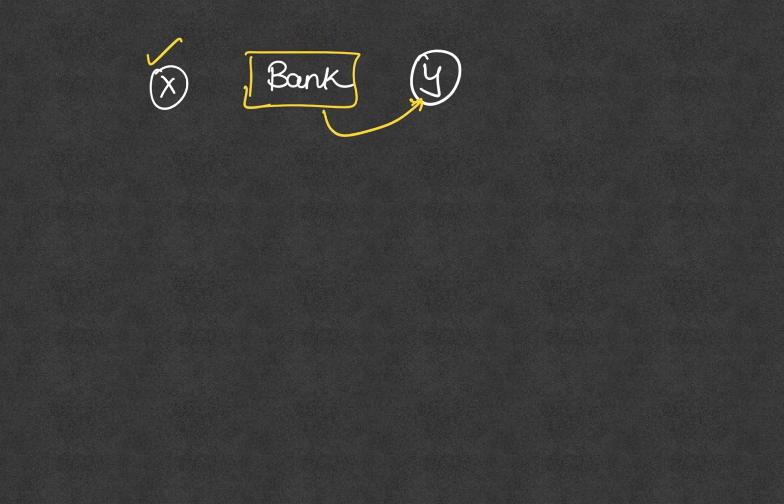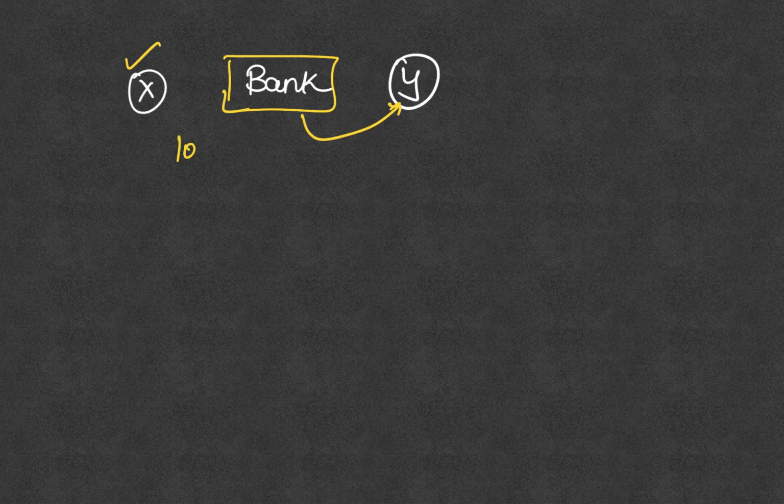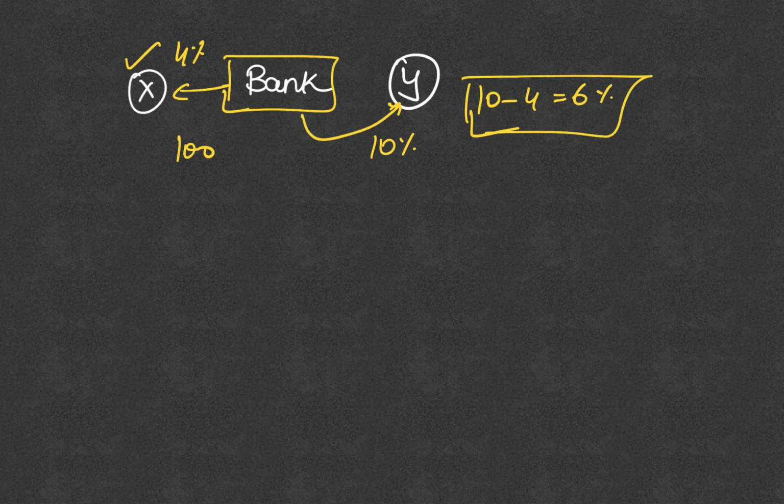Let's say X deposits 100 rupees in a bank, and the bank uses the same 100 rupees and gives it to Y at, let's say, an interest of 10%, and says that X will get an interest of 4% for using the money that X gave to the bank. So this 6%, 10 minus 4, whatever interest the bank gets is its income.